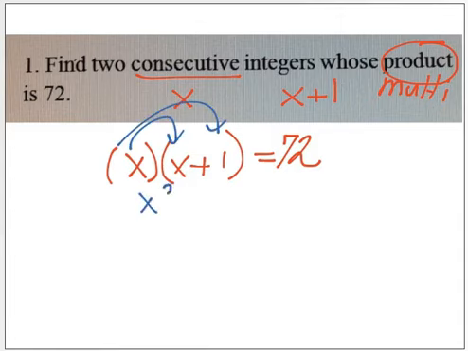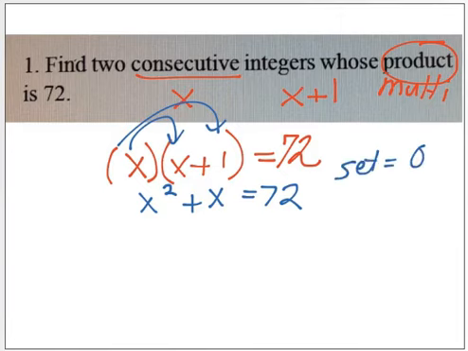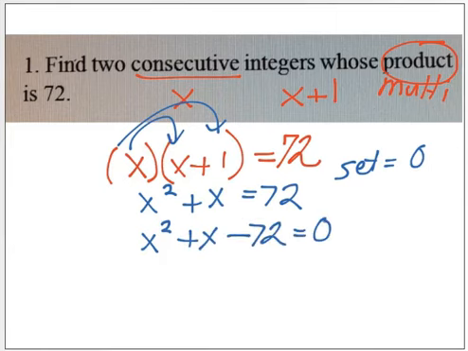That's x squared plus x equals 72, which now reminds us that this is a quadratic equation. If this is a quadratic equation, we need to set it equal to 0 to solve it. So now I have x squared plus x minus 72.